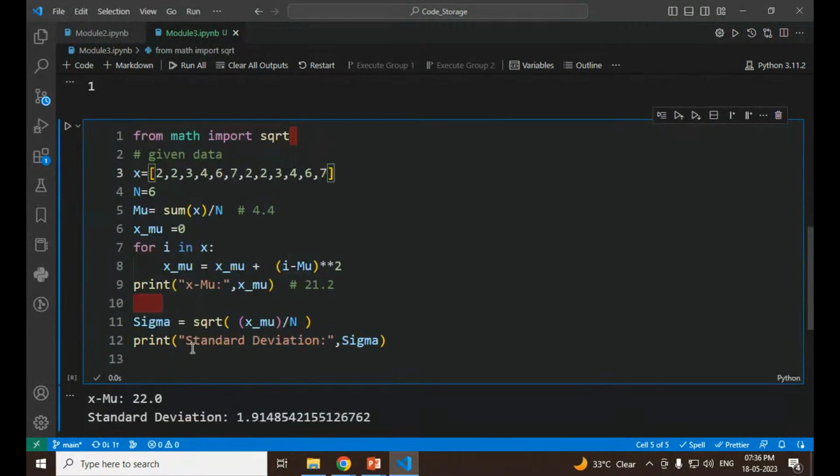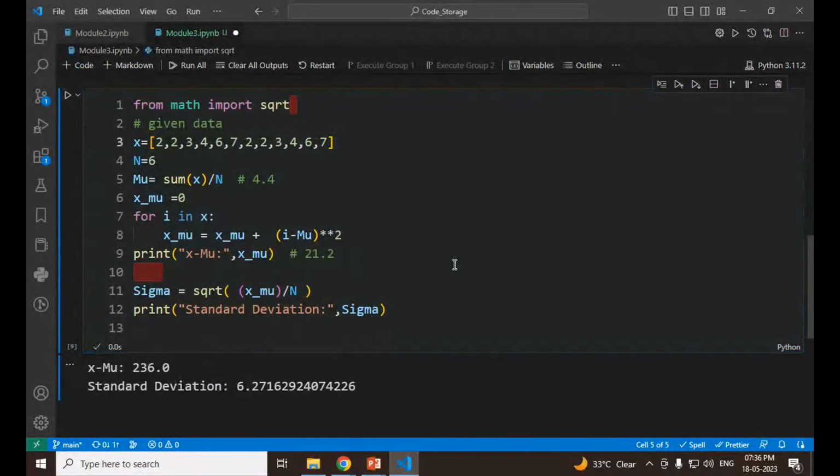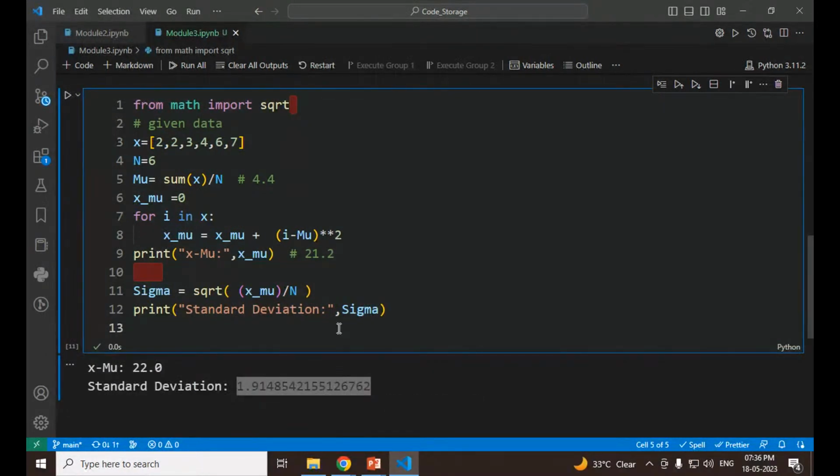We are not recording the previous value. Let's record the previous value first. It is the same. It is 672 only.